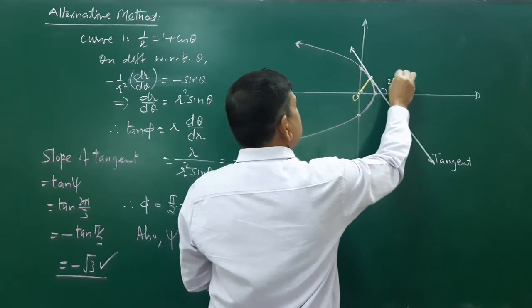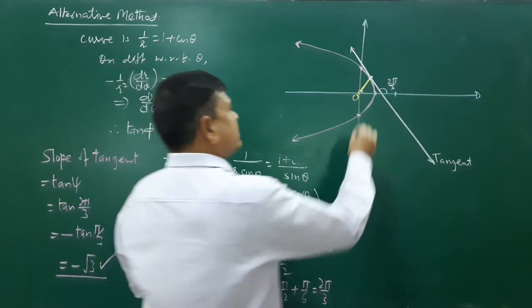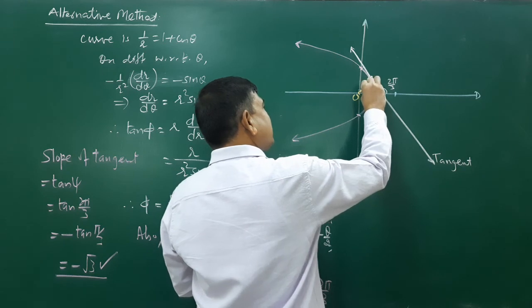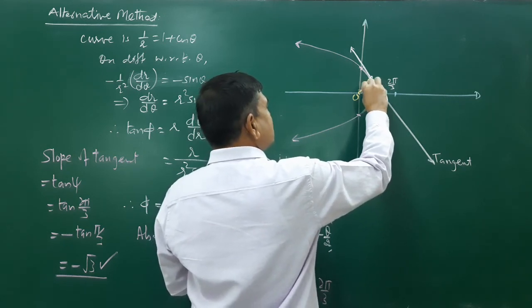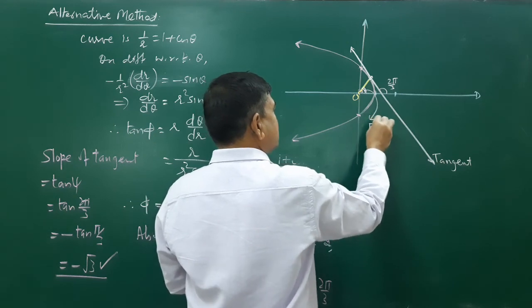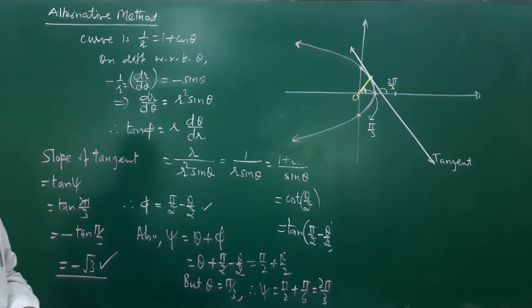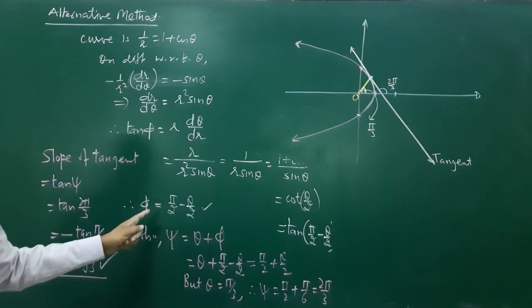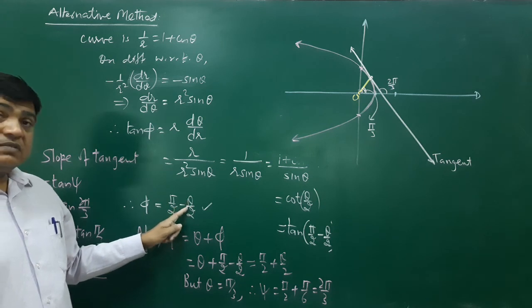Theta is given as pi by 3, this angle. And phi we have calculated: phi is pi by 2 minus theta by 2.